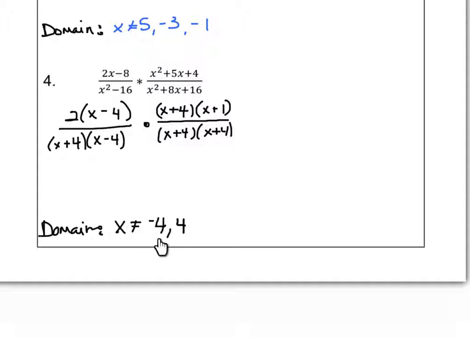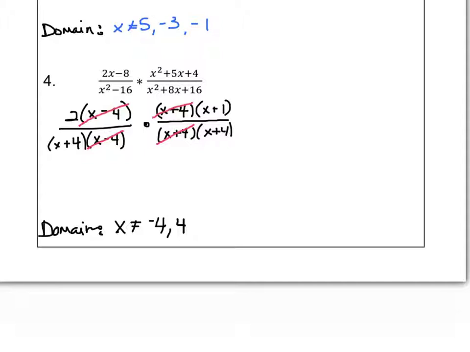That's my domain. Now that I have my domain, I'm going to look at canceling things out that are the same on the top and on the bottom. I have an x minus 4 on the bottom and an x minus 4 on the top. I have an x plus 4 on the bottom and an x plus 4 on the top. Does it matter which one of the bottom ones I use to cancel with the top? No, it doesn't.